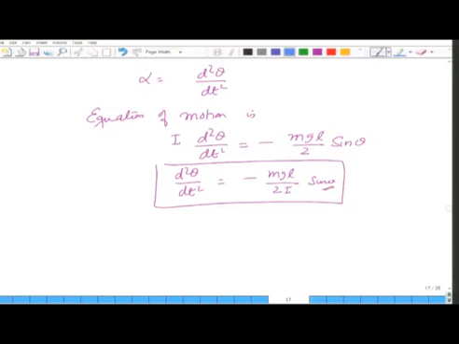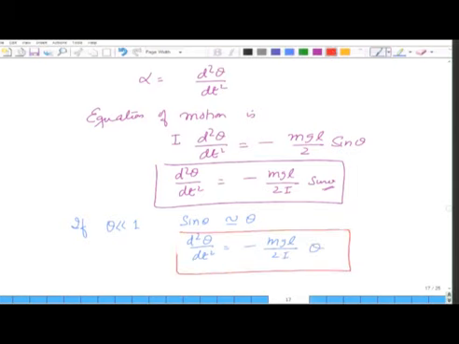Now, if theta is much less than 1, then I can write sine theta approximately equal to theta, and then the equation of motion becomes d2 theta over dt square is equal to minus mgL over 2I times theta. This equation is exactly the equation for simple harmonic motion.